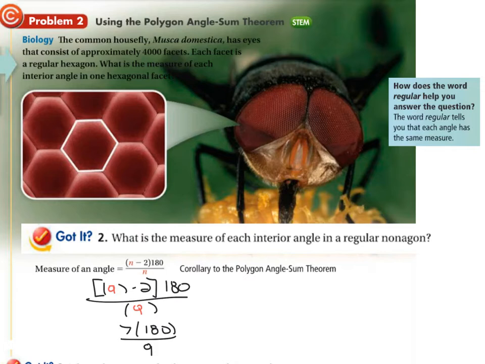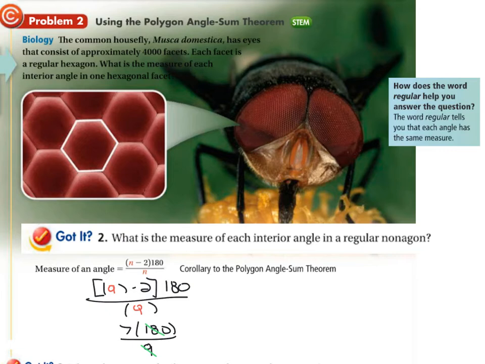Okay. Now I've written part of this out. I'm going to show you a quick way to do the rest. But first, I plugged in the 9 for n twice, where it goes in the formula. So what you get is 9 minus 2 times 180, all divided by 9. 9 minus 2 is 7, so you've got 7 times 180 divided by 9. The reason I left this here is because we can divide the bottom and this top number both by 9.